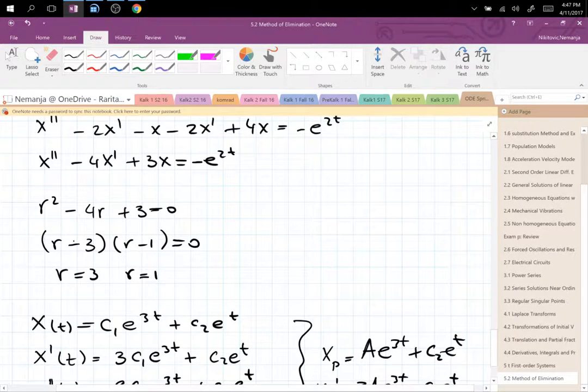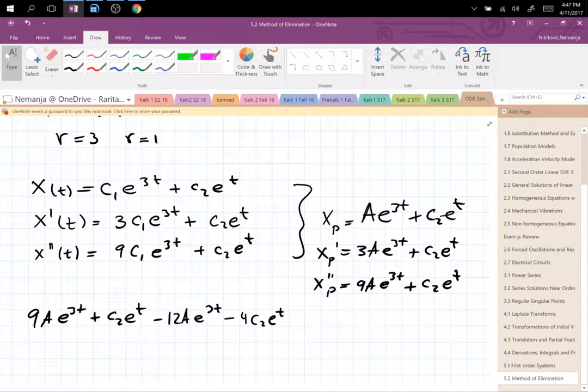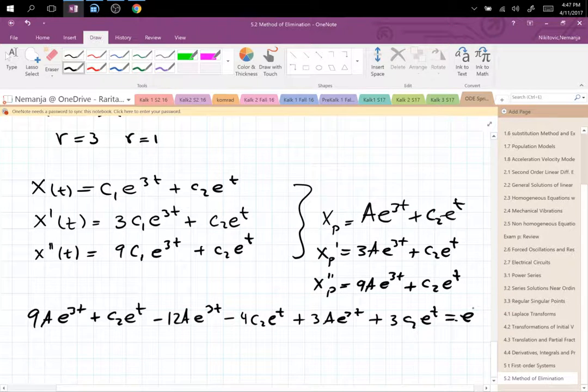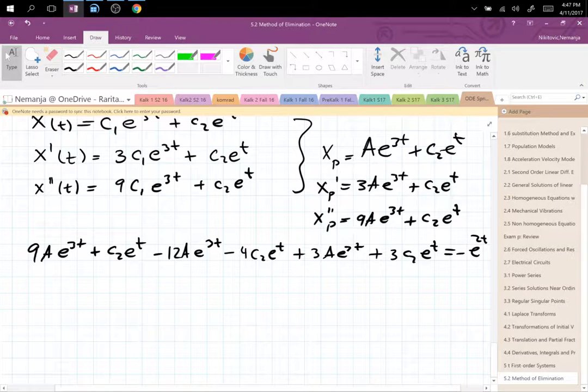And plus 3 times the top one, plus 3a e to the 3t plus 3c2 e to the t equals negative e to the 2t. Awesome. Collect like terms. Nothing to worry about. It's not going to hurt too much. Just a little bit.